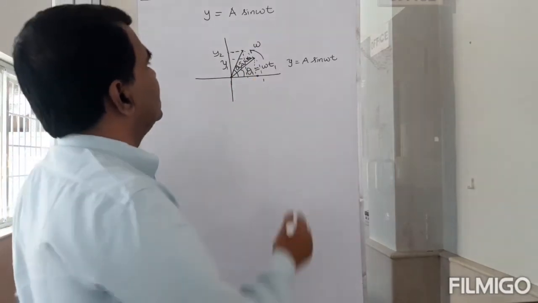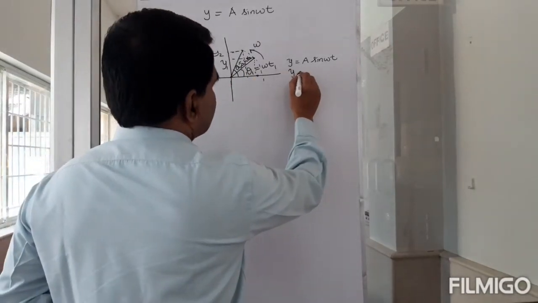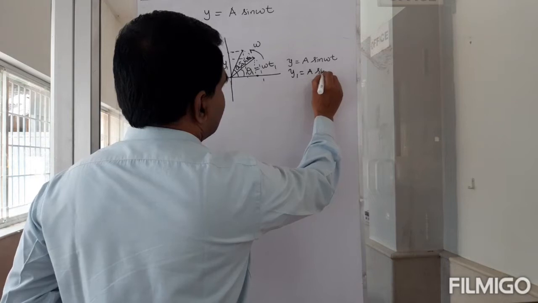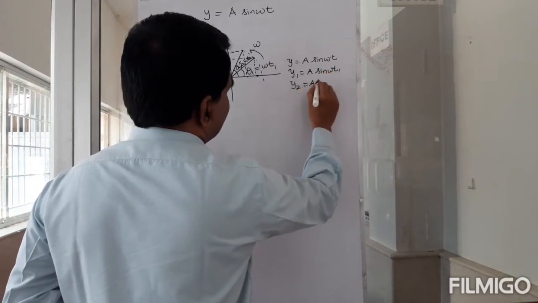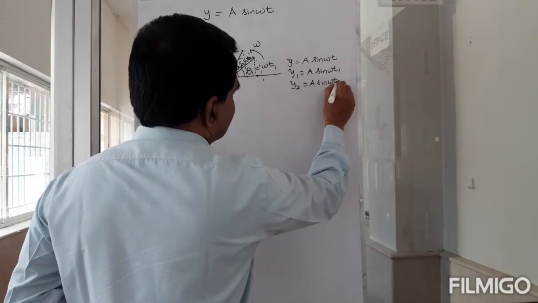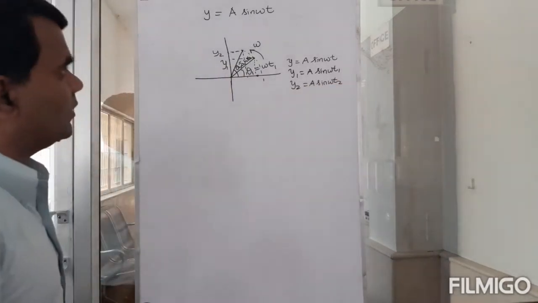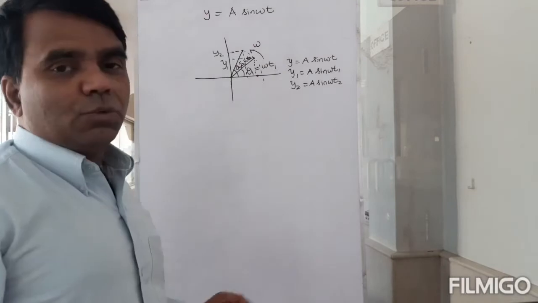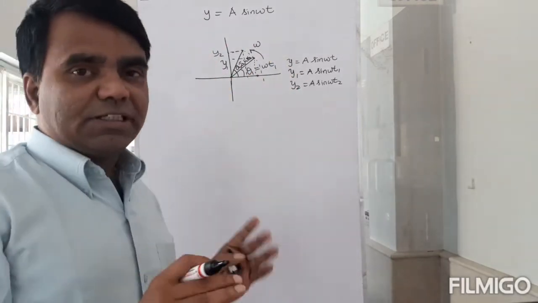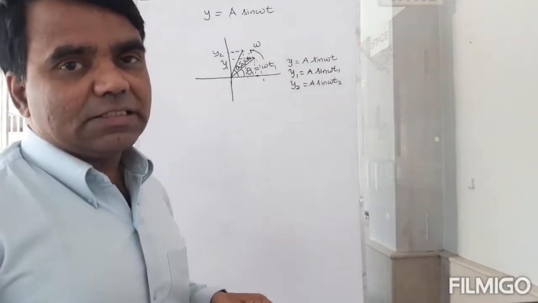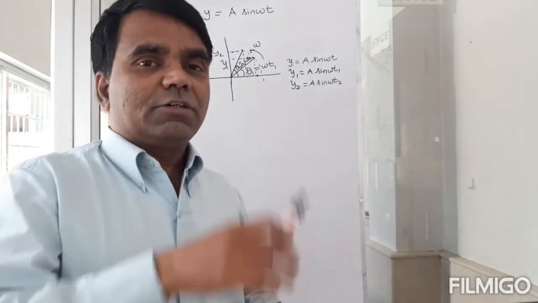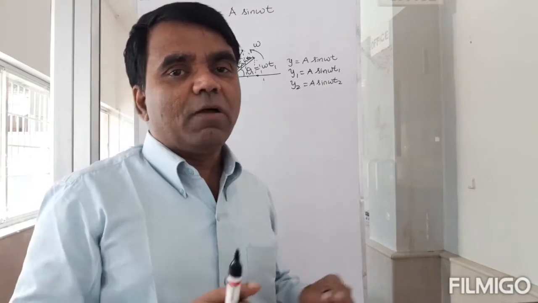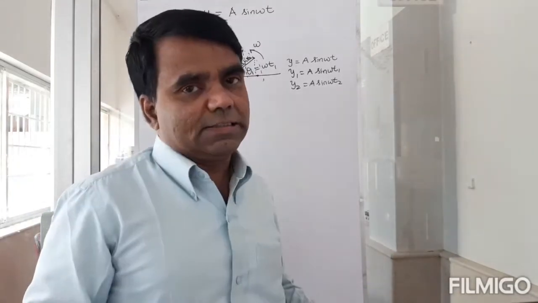If y1 is equal to a sine omega t1, then y2 will be a sine omega t2. So a sine function can be treated as the projection of a rotational motion on the y-axis.